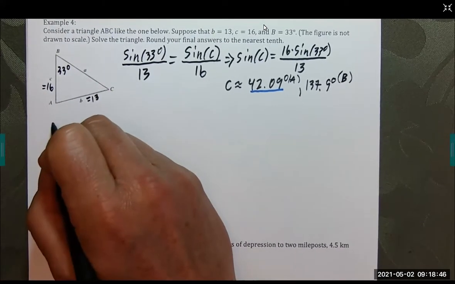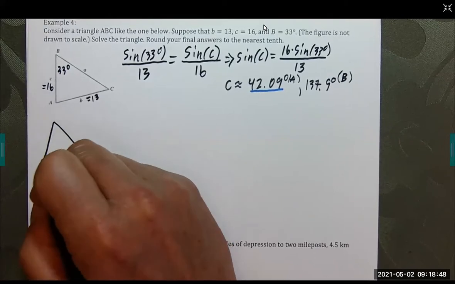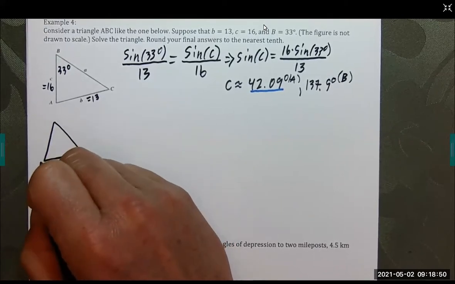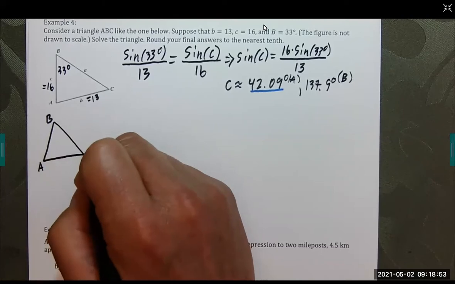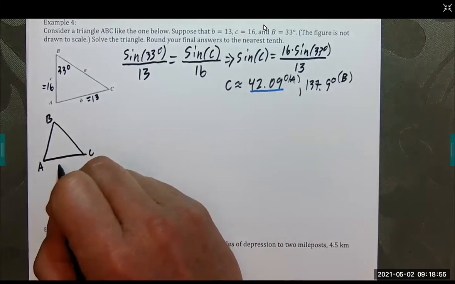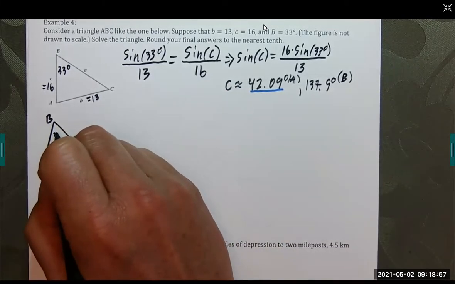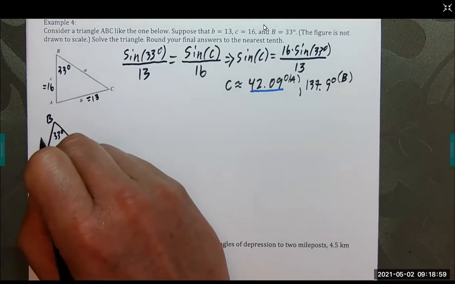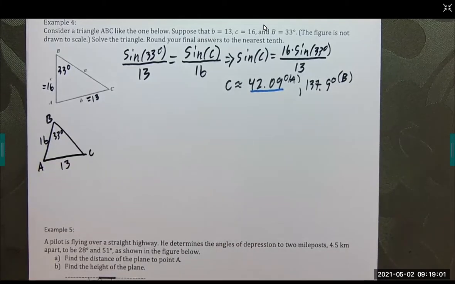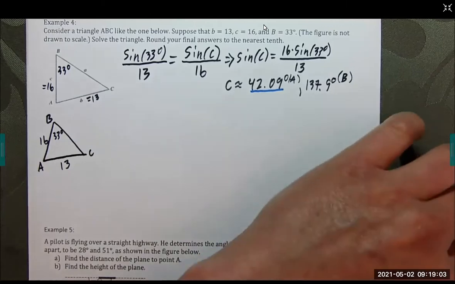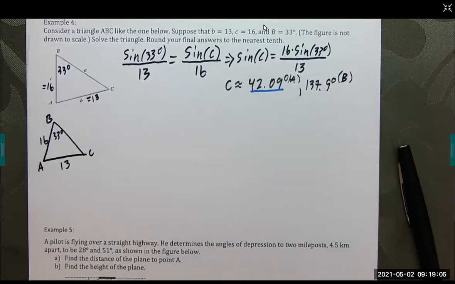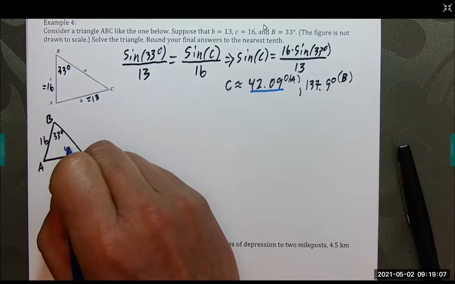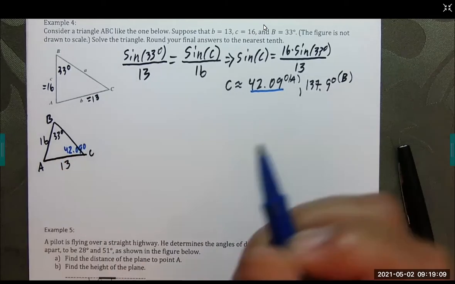And we'll draw the triangle. A, B, and C. This side is 13. This angle is 33 degrees. This is 16. And we are assuming now that angle C is 42.09 degrees.